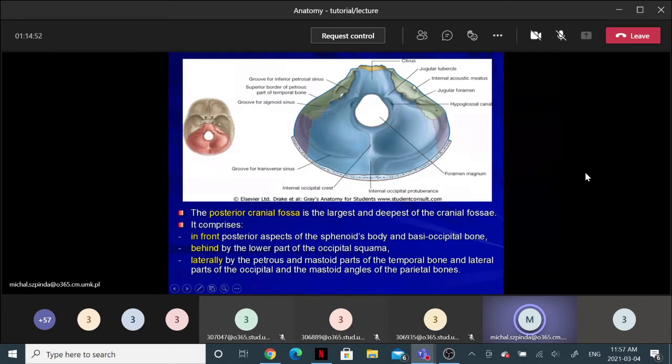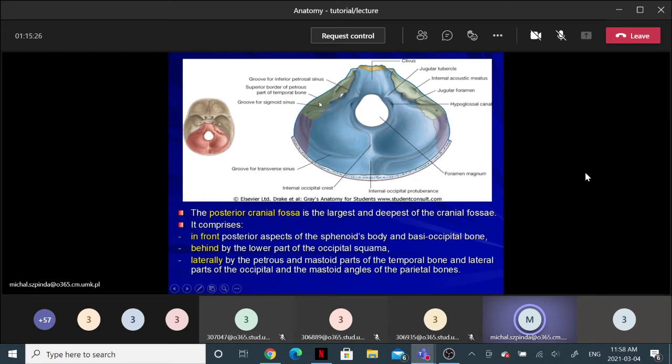While entering the facial canal, we will communicate with the middle cranial fossa through its hiatus, the foramen for greater petrosal nerve. And finally, the facial canal exits the stylomastoid foramen on the external cranial base.